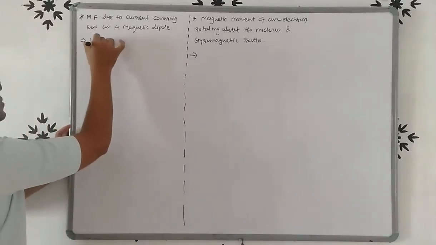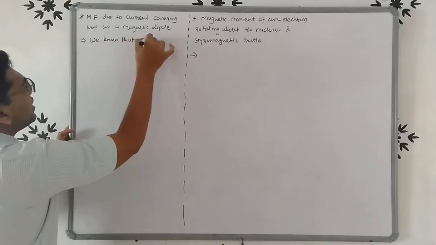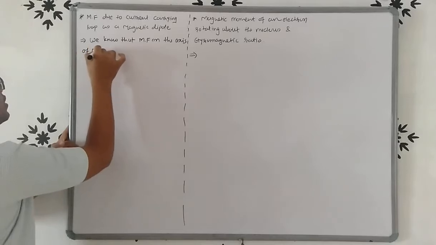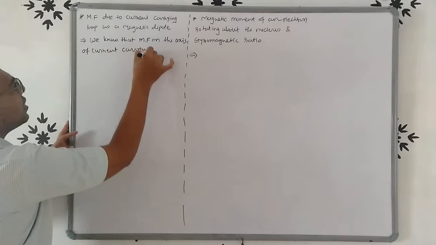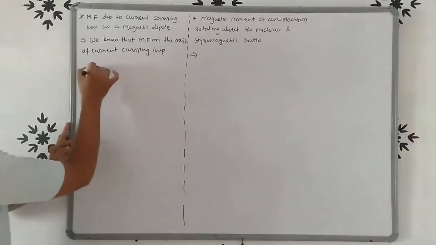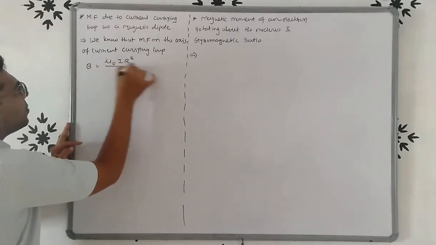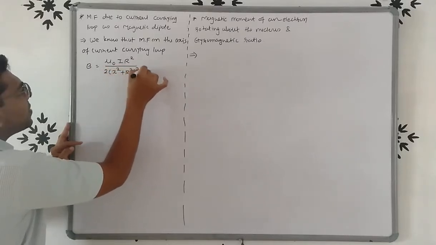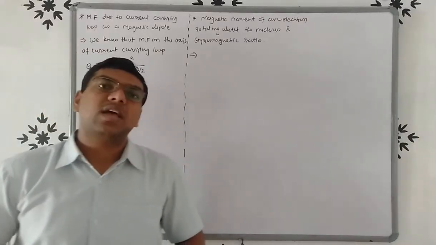So we know the magnetic field on the axis of a current carrying loop: B is equal to mu 0 I r square upon 2 into (x square plus r square) raised to 3 by 2. We already discussed this formula.